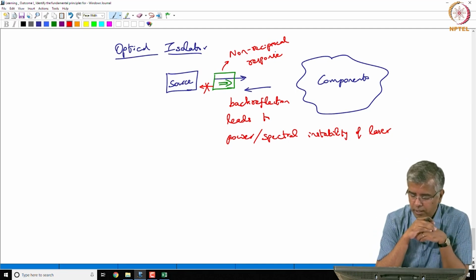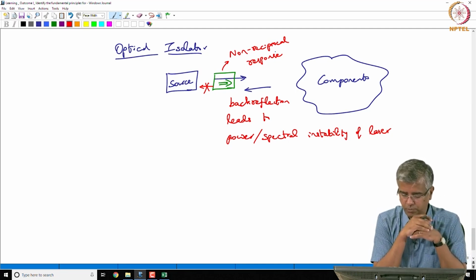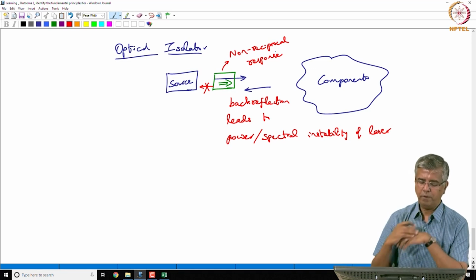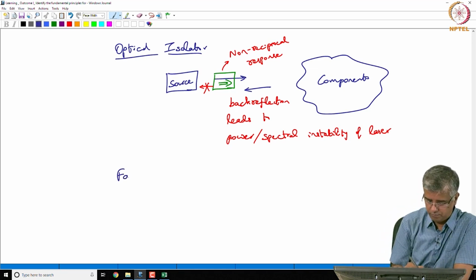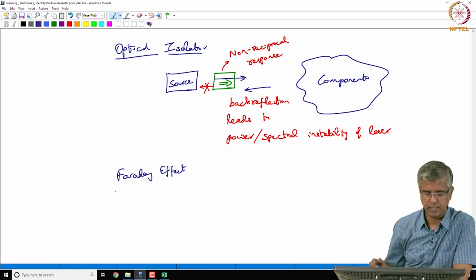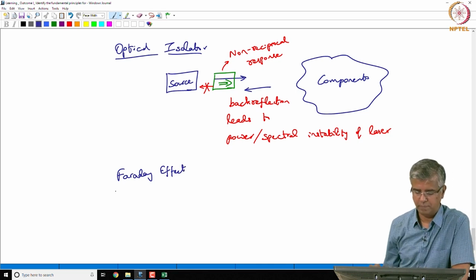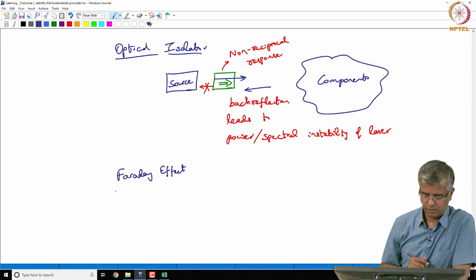So, how can you achieve a non-reciprocal response? One way of achieving that is through what is called the Faraday effect. Clearly, it is named after Michael Faraday, who made a lot of brilliant observations.